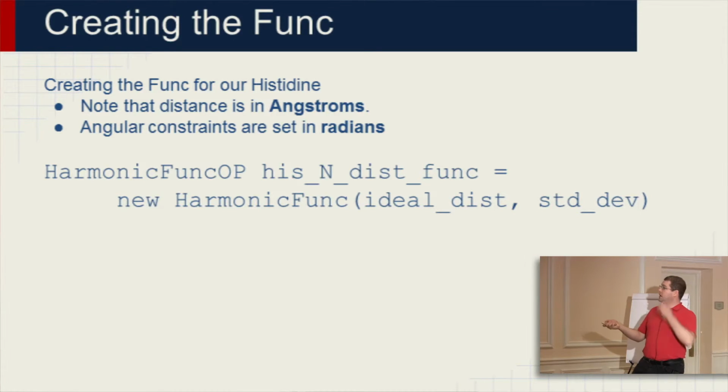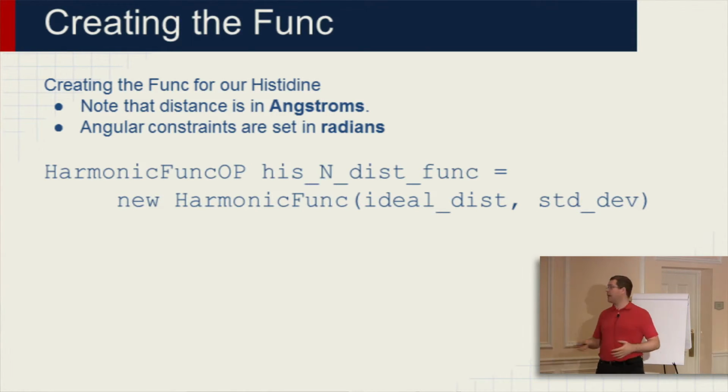So creating the Func. The distances are in angstroms, angular constraints are set in radians. And specifically here, we'll be using the commonly used harmonic function. Again, this takes the ideal distance, which is basically the center of the parabola, and then also the standard deviation, which is the width of the parabola.